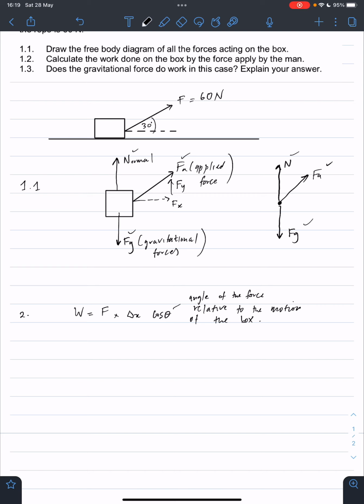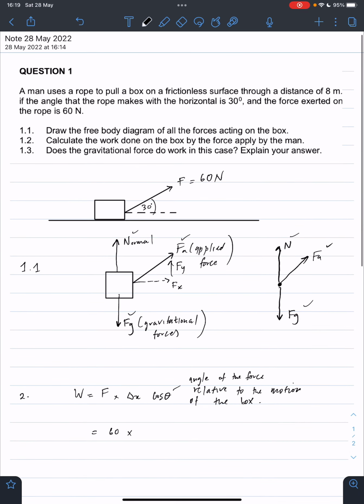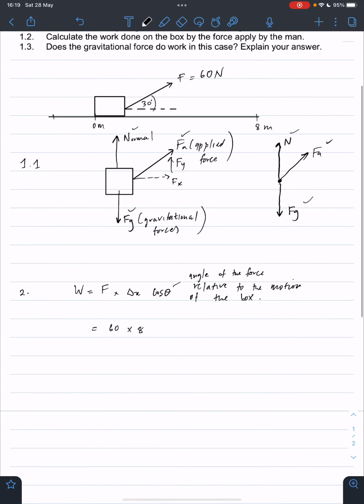In this case, the force is acting 30 degrees to the horizontal. So our force is 60 newtons, the displacement this box travels is 8 meters, if we say this was 0 meters, so it's 8 times cos 30 degrees, which is one of our special angles.